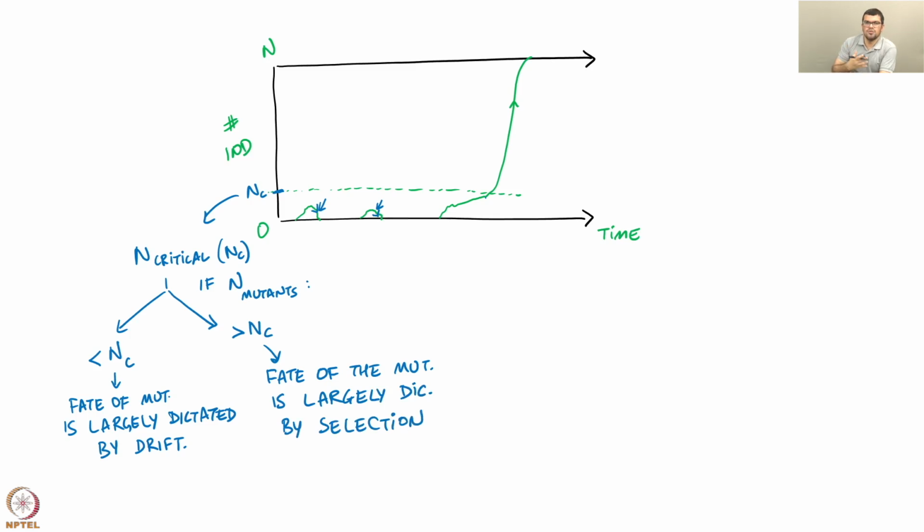Selection operates via precise mathematical laws. We derived all those equations. So, this trajectory is a smooth, deterministic trajectory. We can write equations for it, get the exact profile, and every time we do an experiment we will get the same precise trajectory.